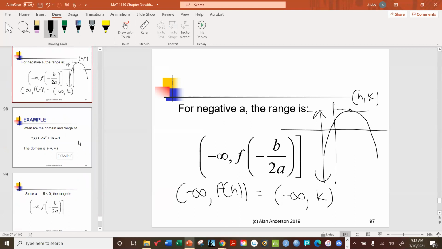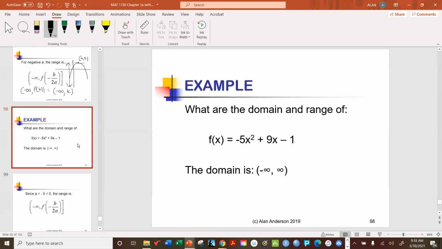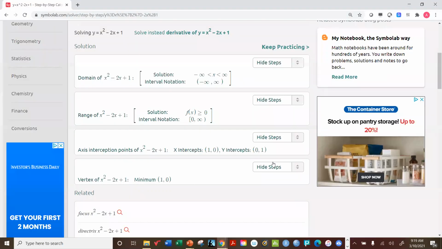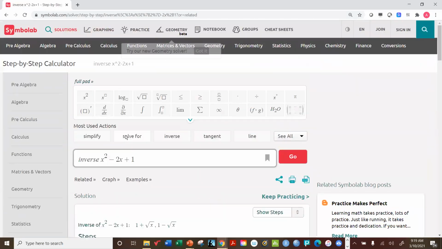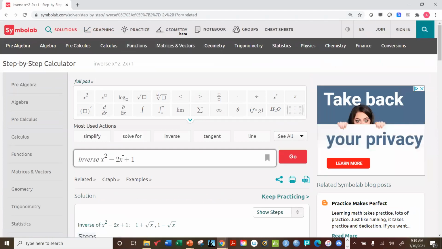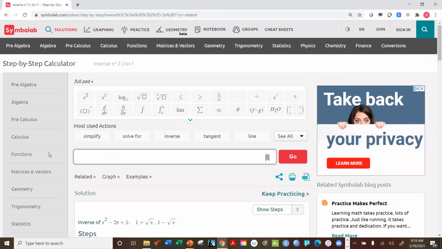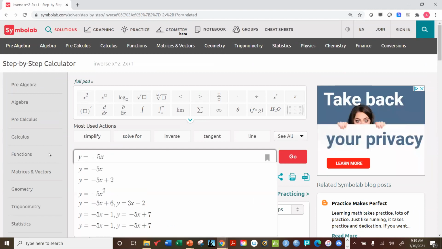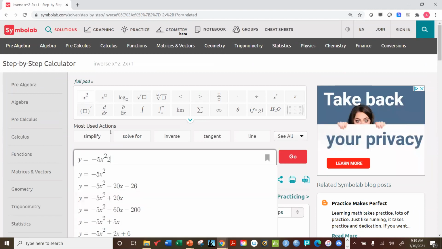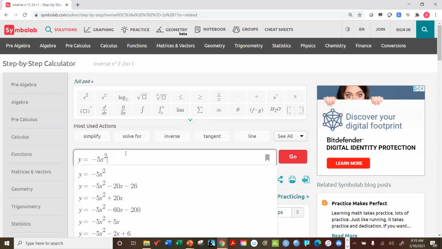All right, let's look at another example. And before we do that, let's go graph it on Symbolab. Okay, as long as it's there, we may as well put it to good use. Minus 5x squared plus 9x minus 1.